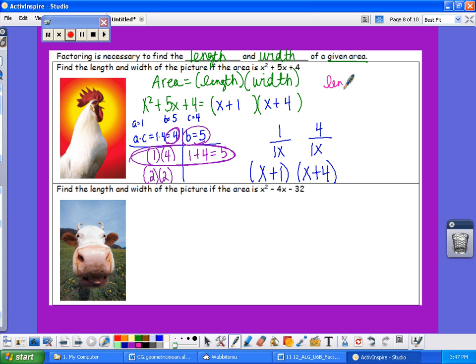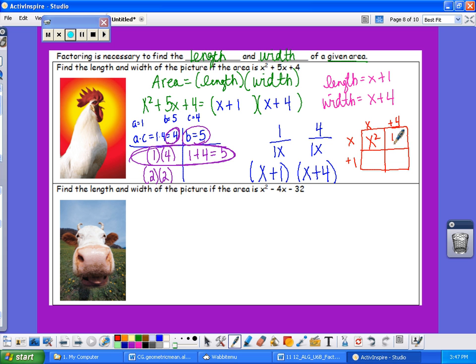So the length is x plus 1 and the width is equal to x plus 4. If you're adamant that you want to check your answer, that's fine. Everybody wants to know they have the right answer and get perfect scores. I could use the box method. X plus 1 and x plus 4.